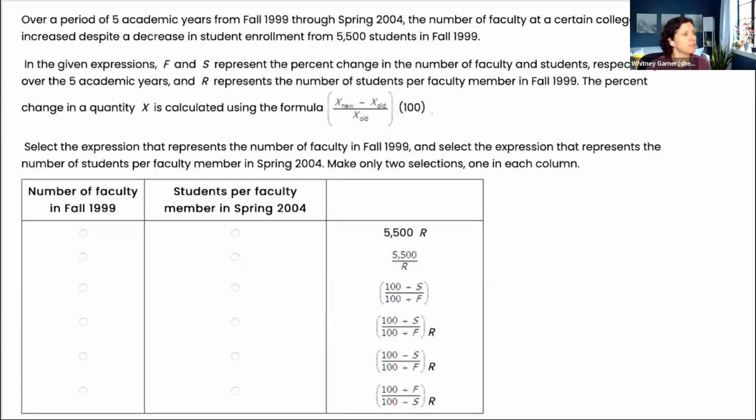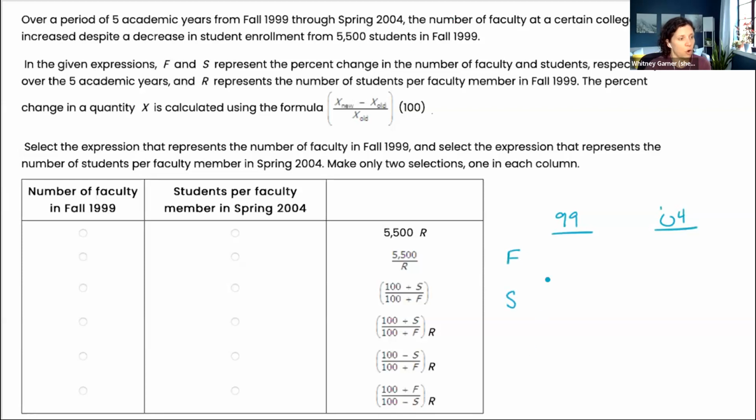Okay, so we've got a ton of stuff completely unknown, right? So I'm going to start building out a little table. I'm going to say, all right, here's 99 and here's 2004. Here's faculty, here's students.